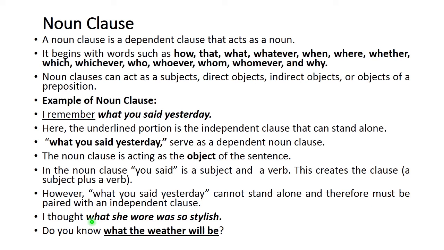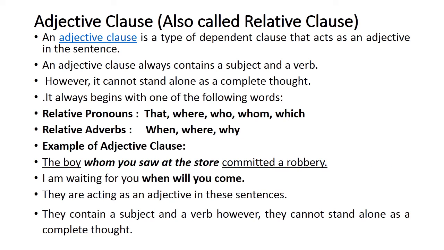I thought what she wore was so stylish. Do you know what the weather will be? So these are examples of noun clauses. Now another type of clause is called the adjective clause, also called a relative clause. An adjective clause is a type of dependent clause that acts as an adjective in the sentence.